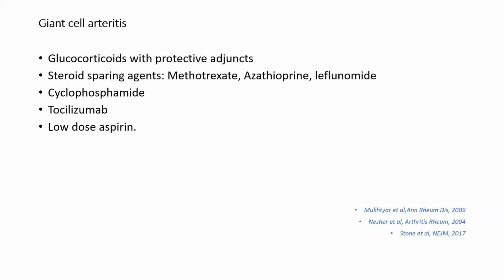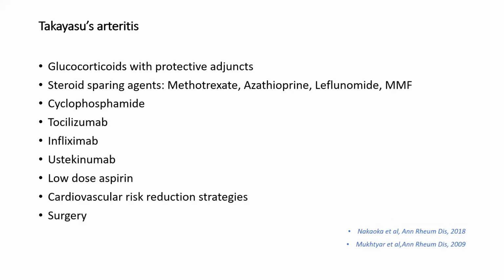to prevent cardiovascular events. Takayasu's arteritis is also treated with steroids, and methotrexate, azathioprine, leflunomide, and mycophenolate mofetil can be used as a steroid-sparing agent. For severe disease, we can use cyclophosphamide, anti-IL-6 tocilizumab. We can use TNF-alpha inhibitors, infliximab, and we can also use our IL-12, 23 antibody ustekinumab.